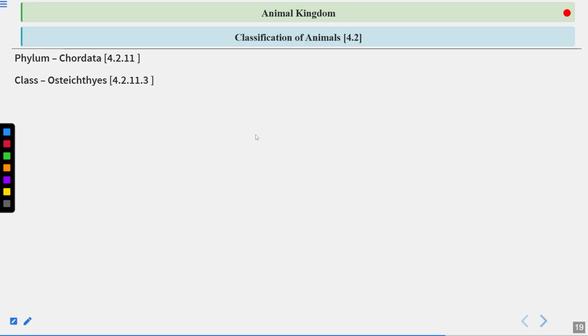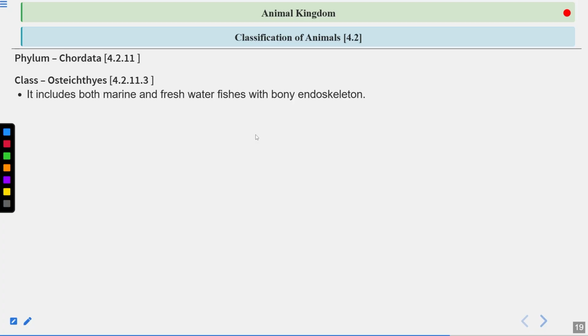Now we will discuss the second type of fishes, that is called osteichthyes. Osteichthyes are actually the bony fishes. So let us see the bony fishes. They include both marine and freshwater fishes with a bony endoskeleton.